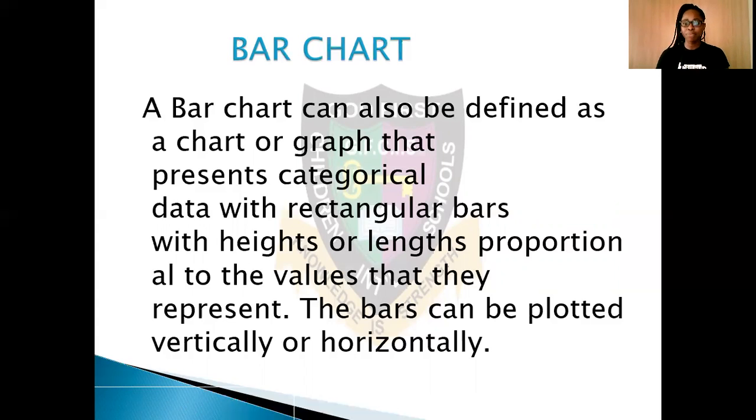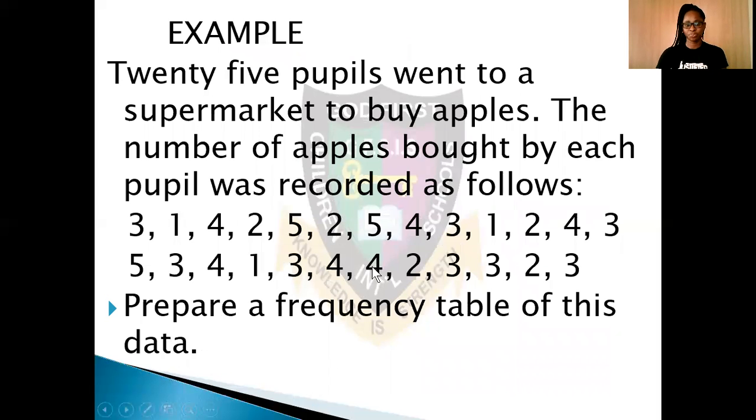We use a rectangular bar to represent the given data because the bar is proportional to the value that it represents. And the bar chart can be plotted vertically or horizontally. So let's look at an example of a bar chart.